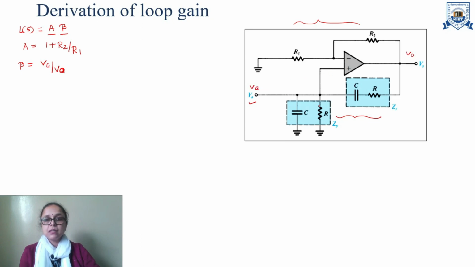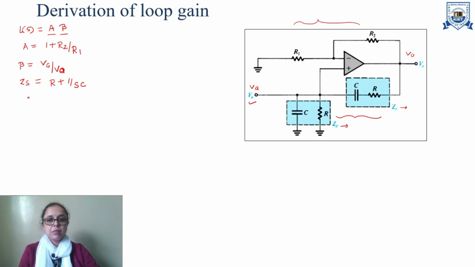To calculate this ratio, we have to find out the equivalent impedances also. This is Zs and this is Zp. Zs is the series combination of R and C, so it will be R plus 1 upon SC.